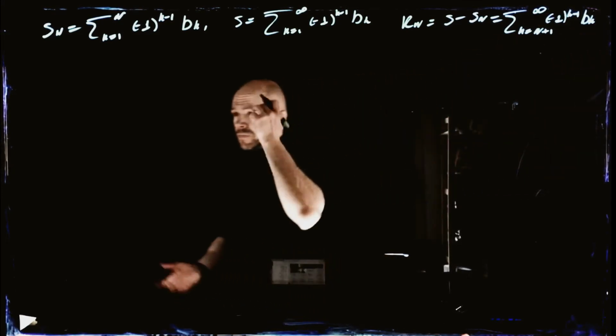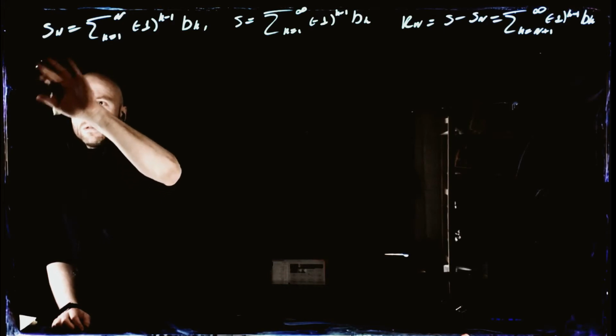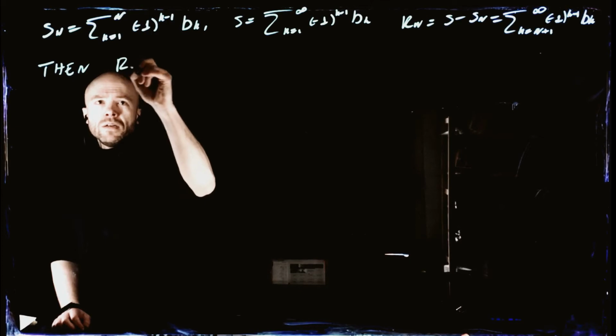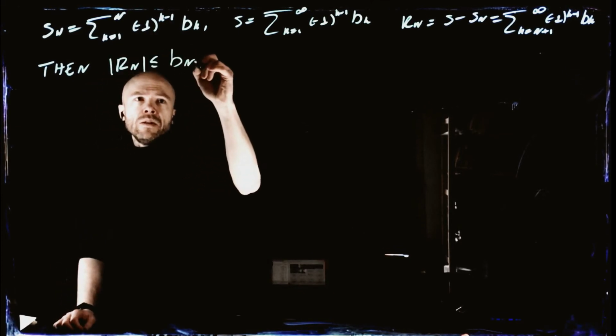Okay, so we visualized this already. So we're going forward. Let me write the conclusion first of all. Then Rn is less than Bn plus 1.